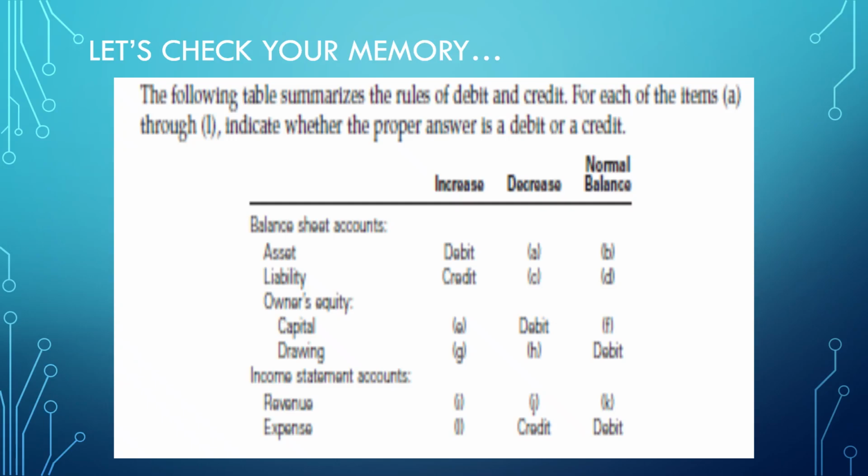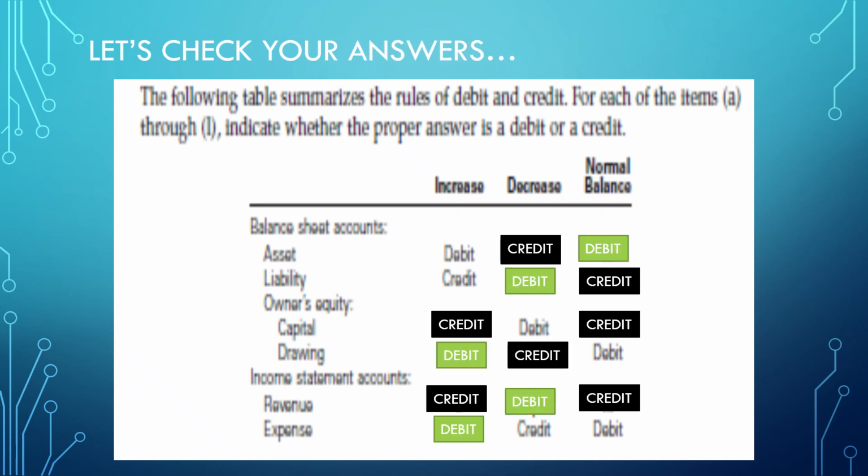Please pause this slide and answer the decrease and the normal side or the increase side of each classification of accounts. So did you get the correct answers? I hope you got it correctly. Okay, so if you have not gotten perfect on this, just go back to the previous slides.